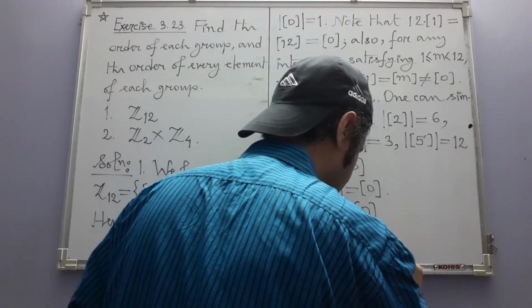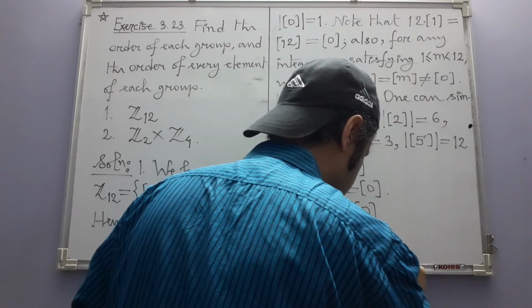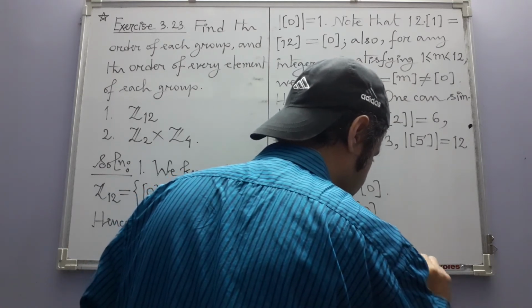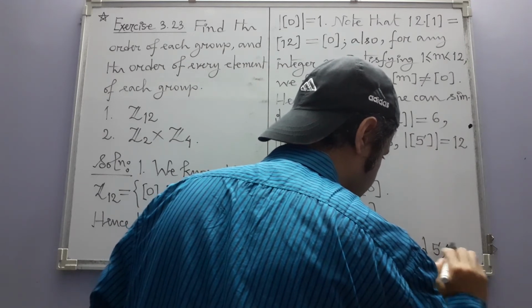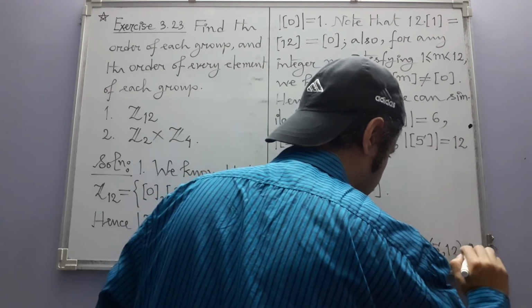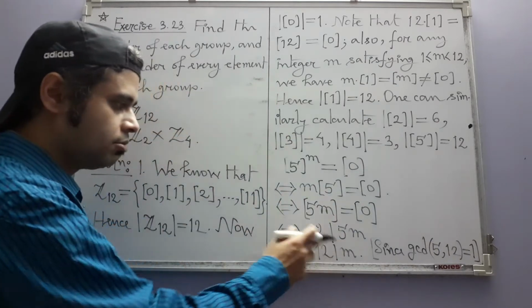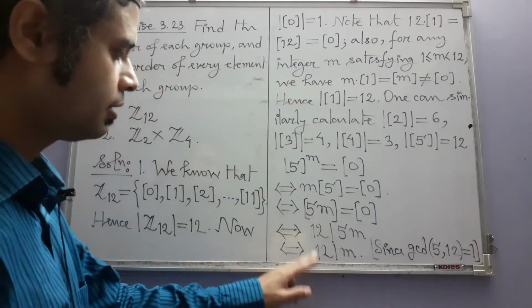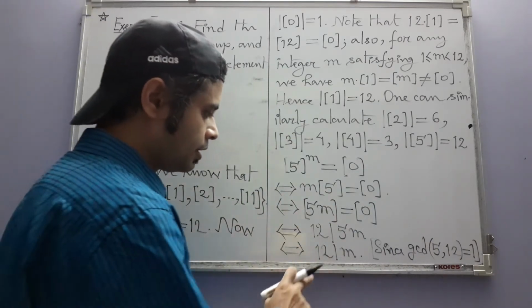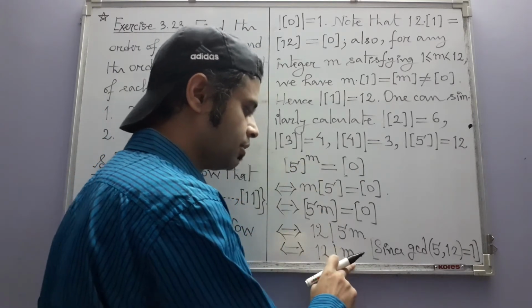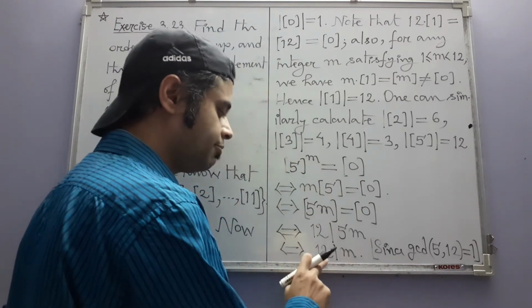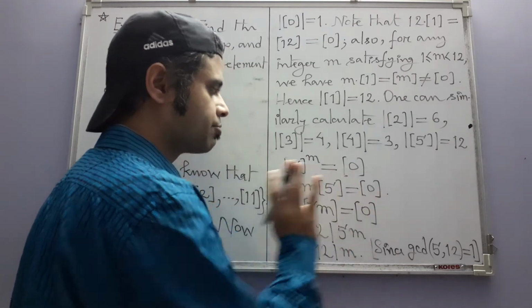In fact, you can write this, since the greatest common divisor of 5 and 12 is 1. That is why these two divisibility relations are equivalent. If this has to happen, then 12 has to divide m, and conversely, if 12 divides m, then this will happen.